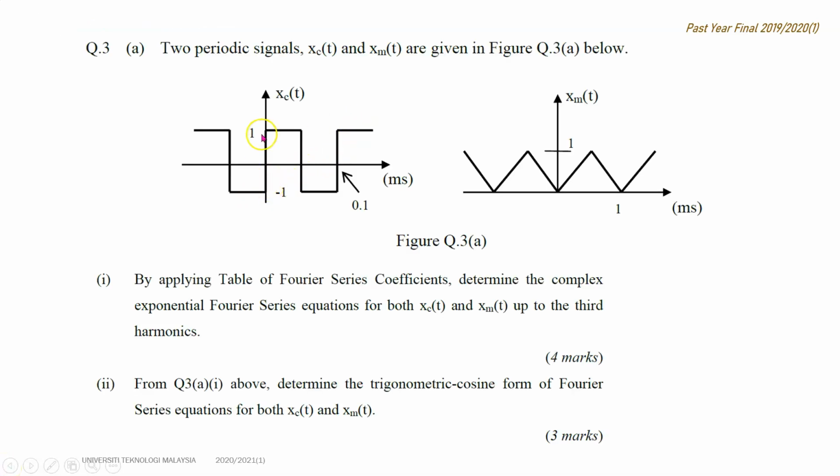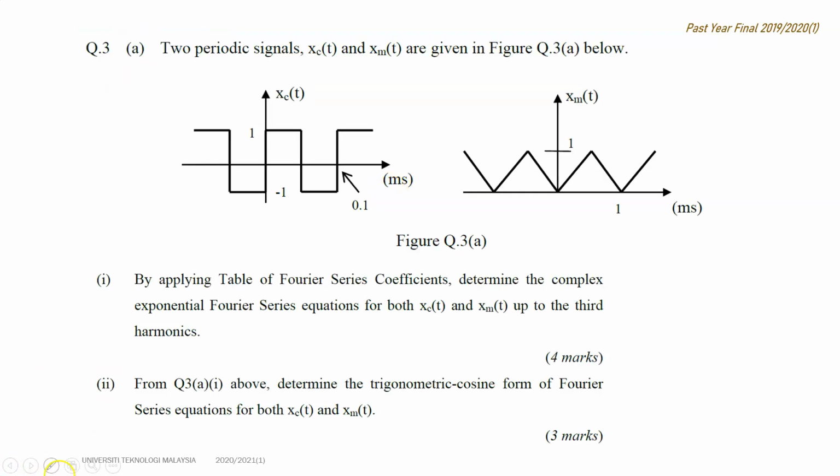If we see here, the amplitude for xc(t) is 1 and the duration is 0.1. So x naught is equal to 1, and you have to notice the unit as well. The unit here is millisecond, so it is 0.1 millisecond.